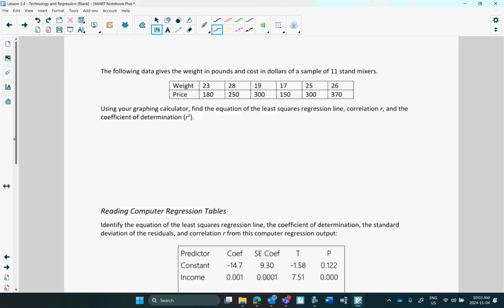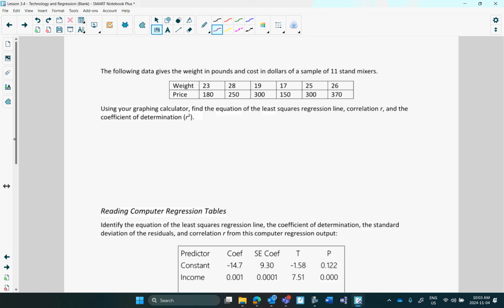The following data gives the weight in pounds and the cost in dollars of a sample of 11 stand mixers. So a weight of 23 pounds costs 180 bucks. A weight of 26 pounds here costs 370 bucks. We're going to see what kind of relationship this is.